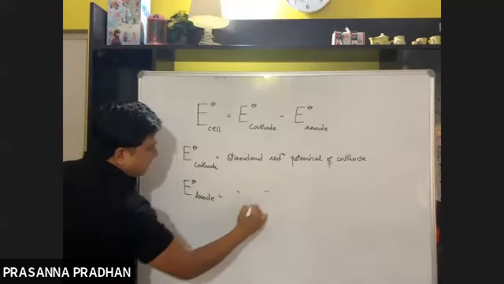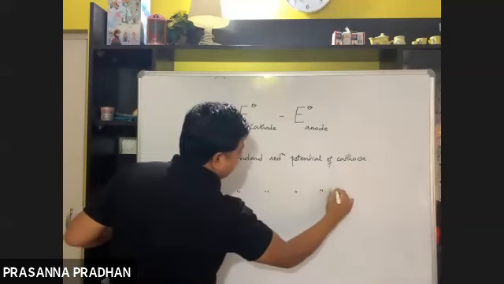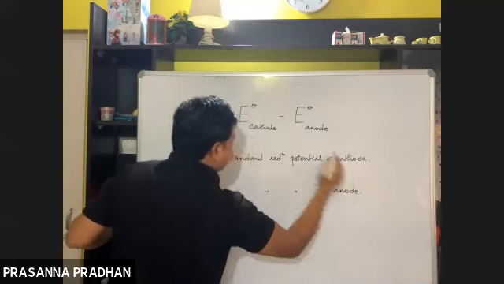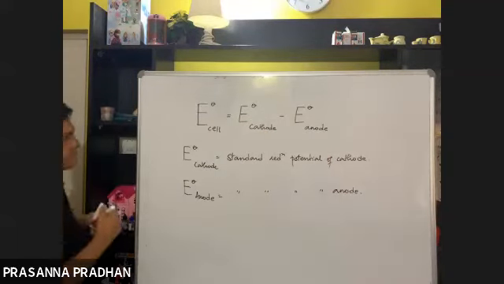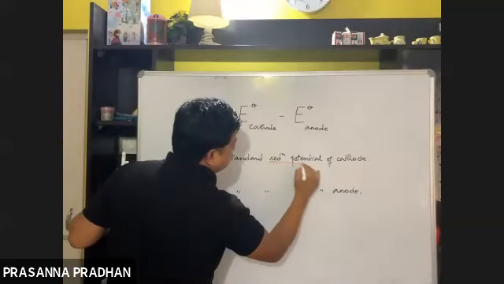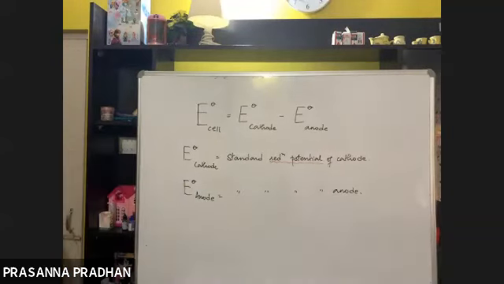This is the standard reduction potential of anode. So all the formulas we'll be dealing with now shall be expressed in terms of reduction potential, not oxidation potential. So this is the simple formula which we shall use to calculate the EMF or standard EMF of the cell.